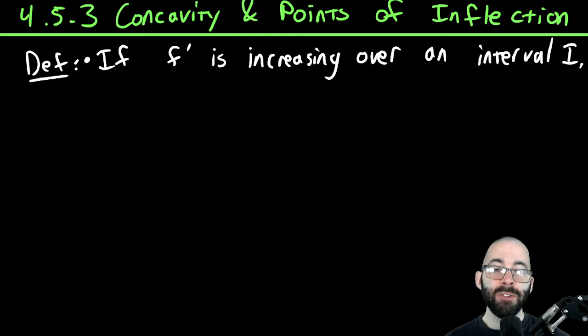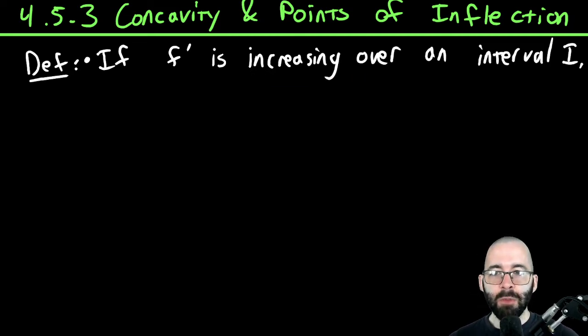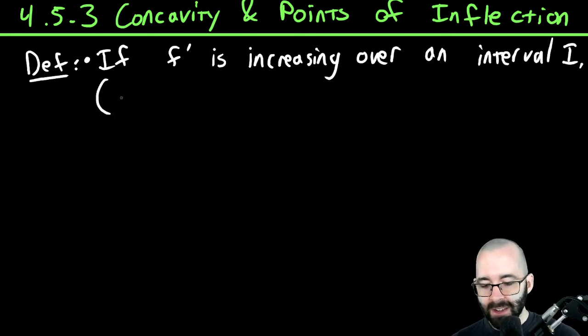The first video said if the function is increasing. This one says if the derivative is increasing. Well, remember what it means for something to be increasing. Something is increasing if the derivative is positive. So f prime is increasing if the derivative of f prime is positive.